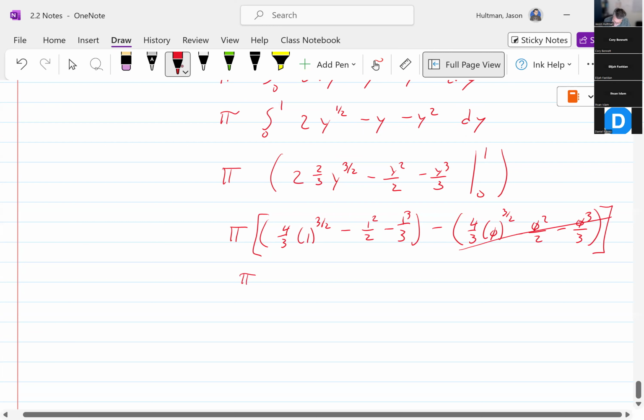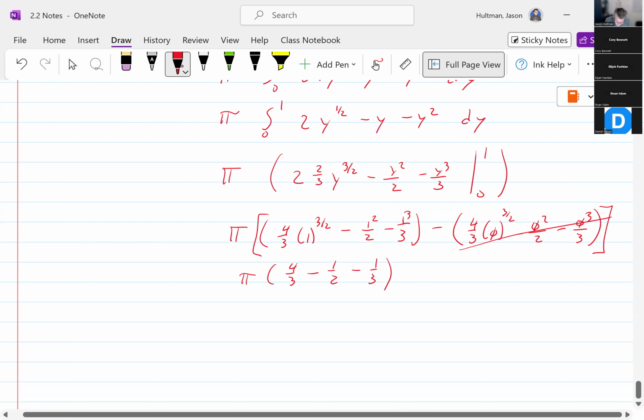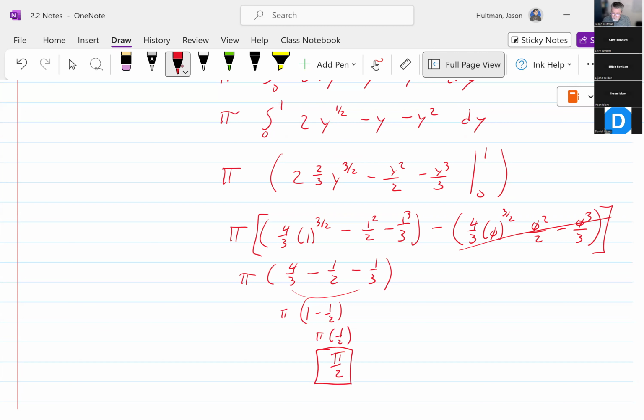So that goes away. We're left with 4/3 minus 1/2 minus 1/3. Well, 4/3 minus 1/3 is just 1. So that's 1 minus 1/2, which is 1/2. So this becomes pi times 1/2, which is pi over 2. Nice. And that is section 2.2.